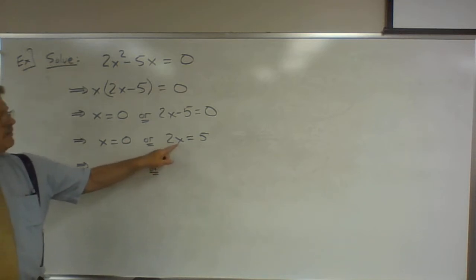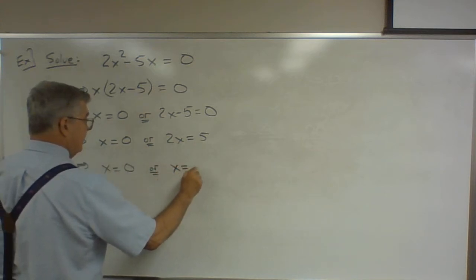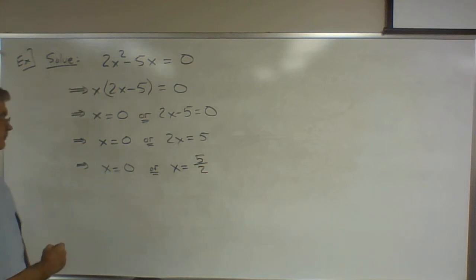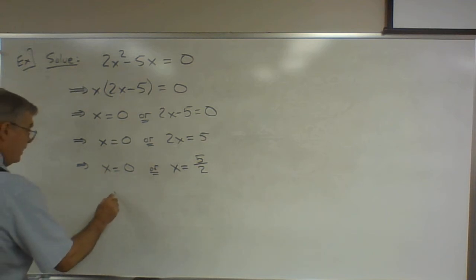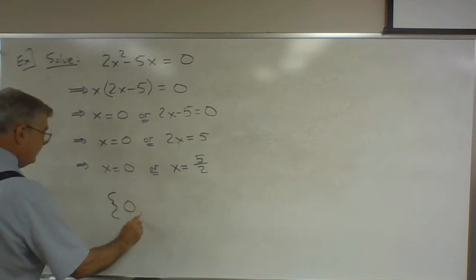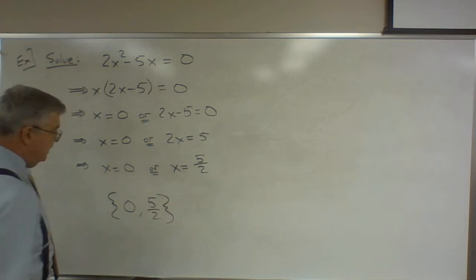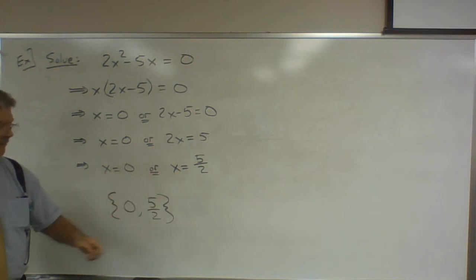And then we divide both sides by 2. These are our solutions. And our solution set is the set containing x equals 0 and x equals 5/2.